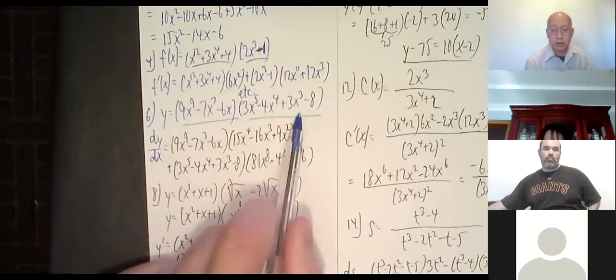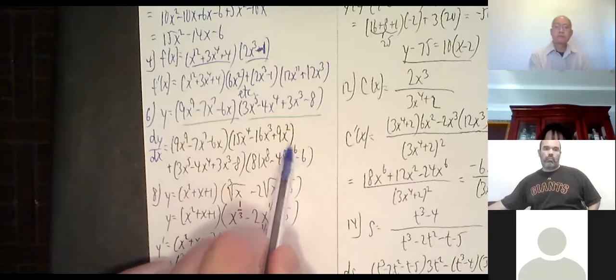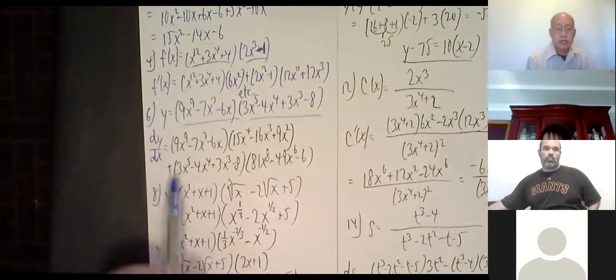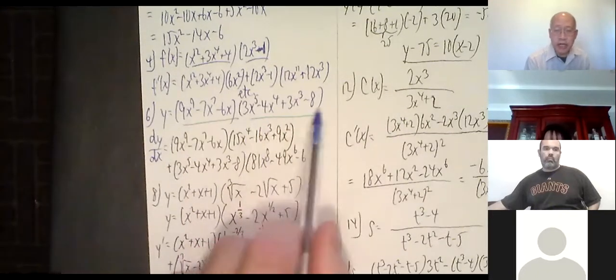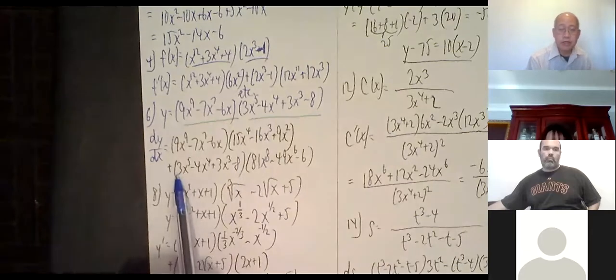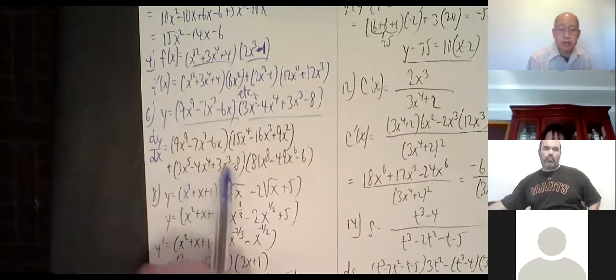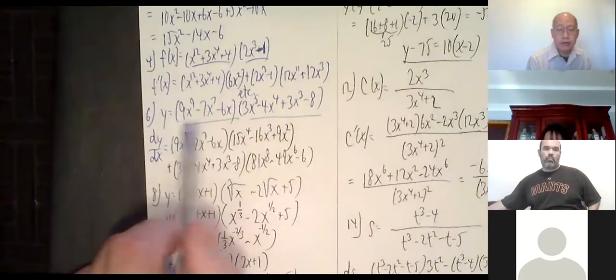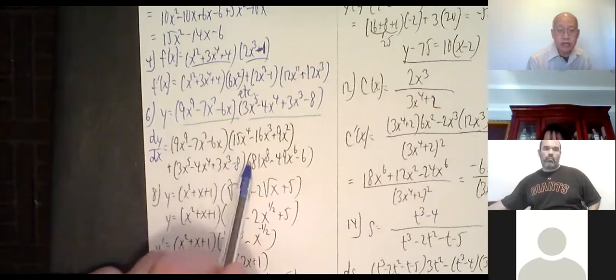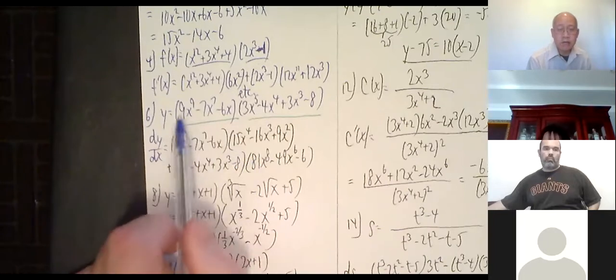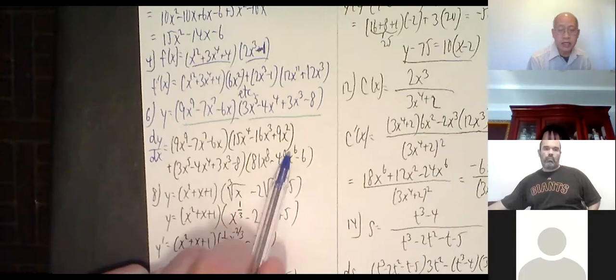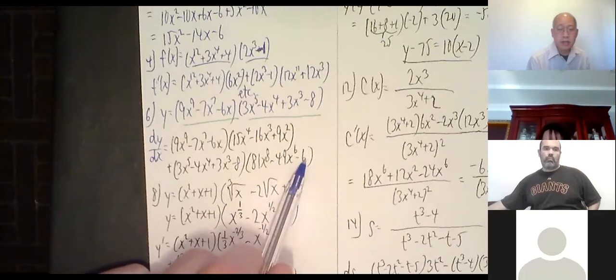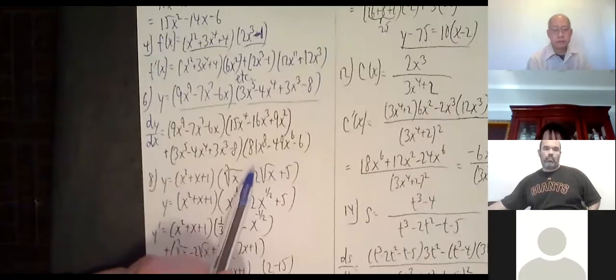Remember, the derivative of negative 8 is 0. Plus second function, copy the second function, 3x to the 5th minus 4x to the 4th plus 3x cubed minus 8, times the derivative of the first function. So what's the derivative of this? 81x to the 8th, 9 times 9 is 81, minus 7 times 7, 49, x to the 6th, minus 6. And just stop. So that's it.